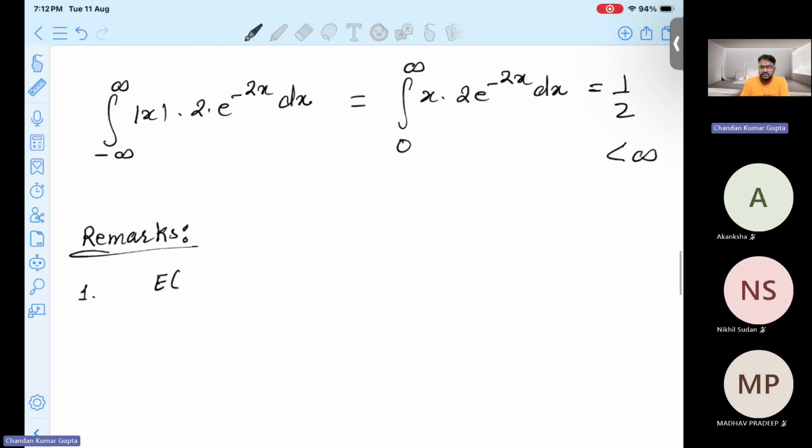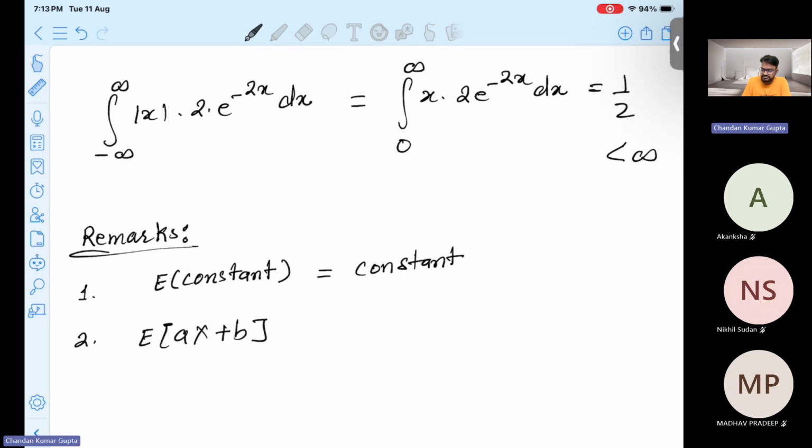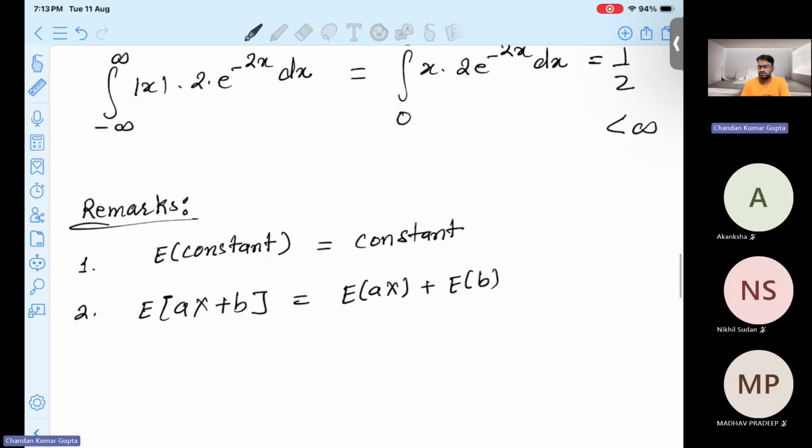Suppose we need to find the expected value of a constant. The expectation of a constant is the constant itself. It also follows the linear property: E(aX + b) = E(aX) + E(b). Here b is a constant, so this comes out to be aE(X) + b.